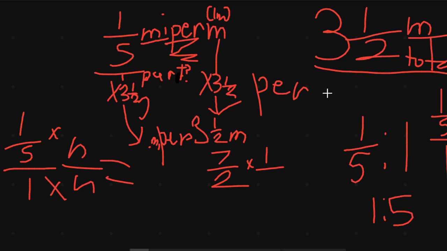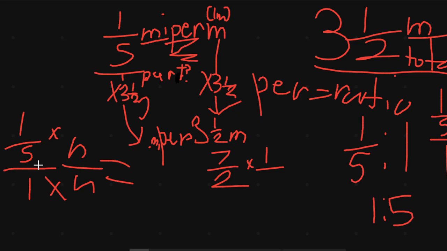It's a rate. I'll write that down. And as I will further elaborate, if you see per, that means it's a ratio. The ratio here is 1/5 to 1, or 1/5 over 1, which is just 1/5.